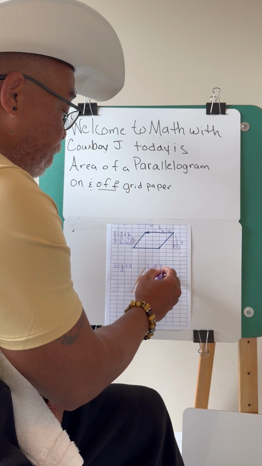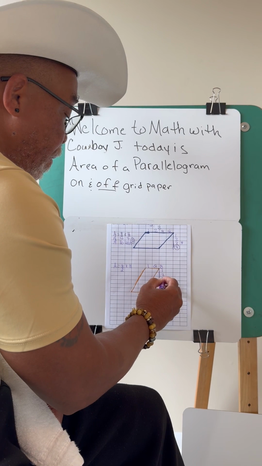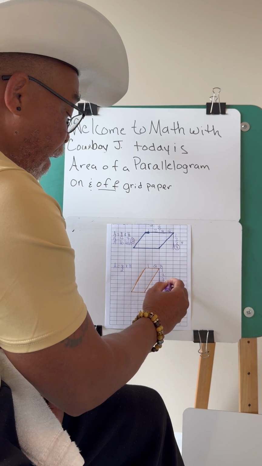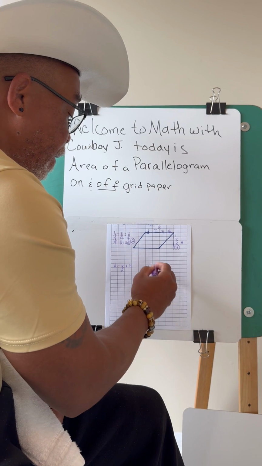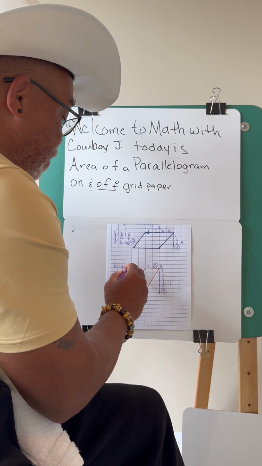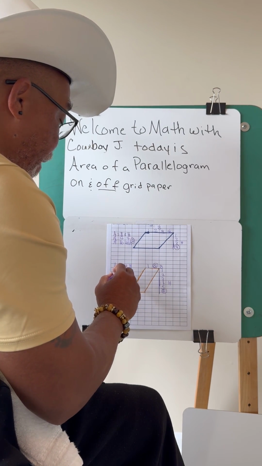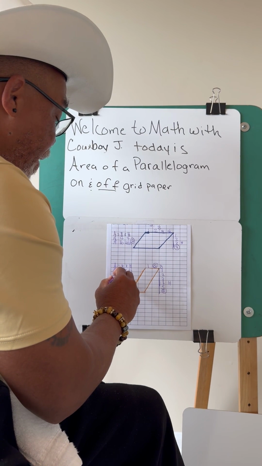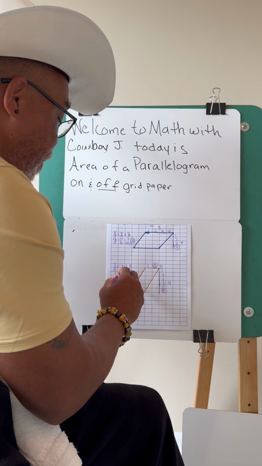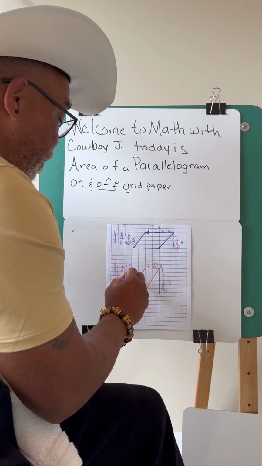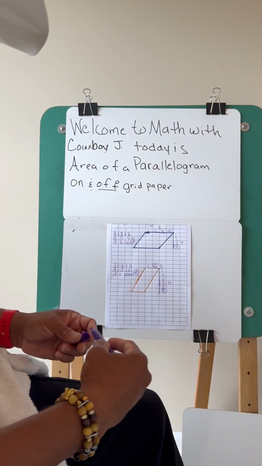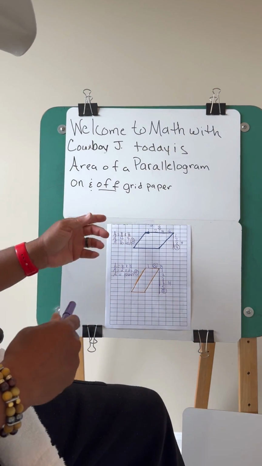Then we're going to count 1, 2, 3, 4, 5, 6. So our height is 6. Our base is 2. So our area equals 2 times 6. Our area equals 12 units. And then again with the area, it's going to be squared.